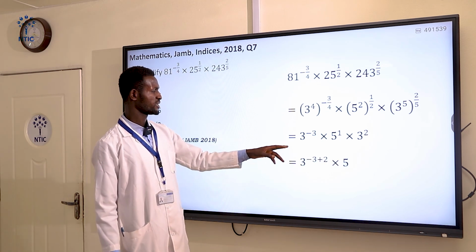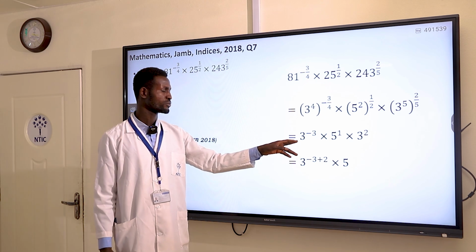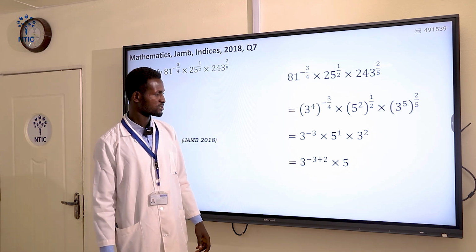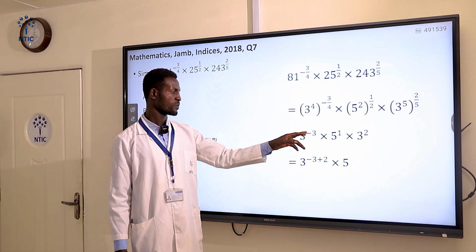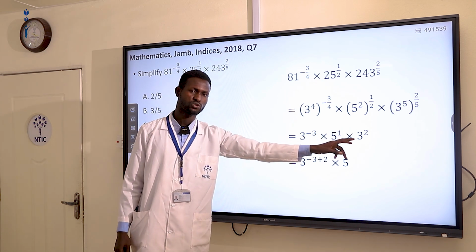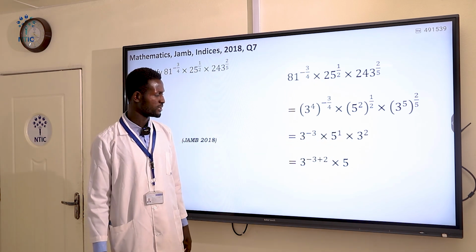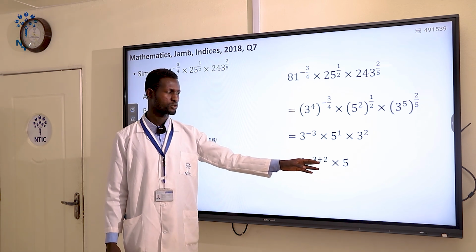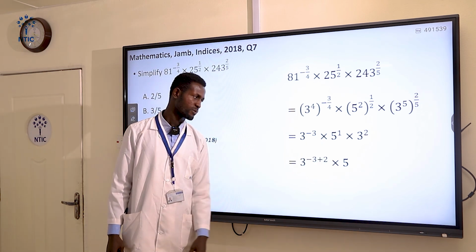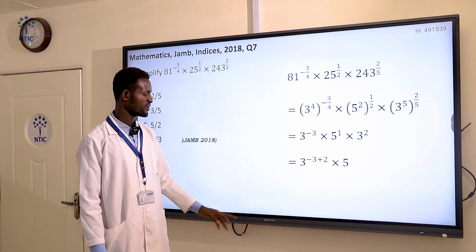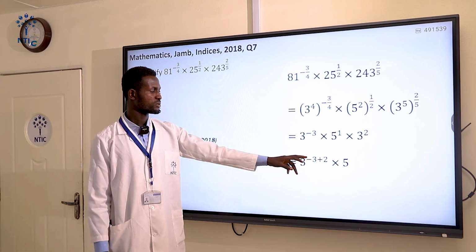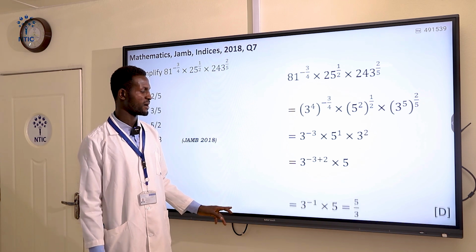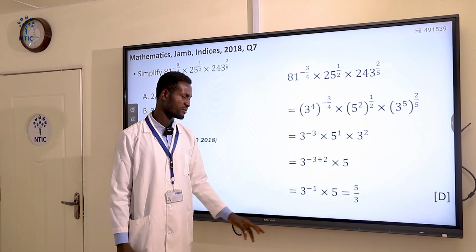And clearly we see that after applying the necessary laws of indices, since we have 3 raised to the power minus 3 and 3 raised to the power 2 with the same base, we can say this is 3 raised to the power minus 3 plus 2, then times 5 raised to the power 1, which is the same as 5. Then 3 raised to the power minus 3 plus 2 is 3 raised to the power minus 1, then times 5.